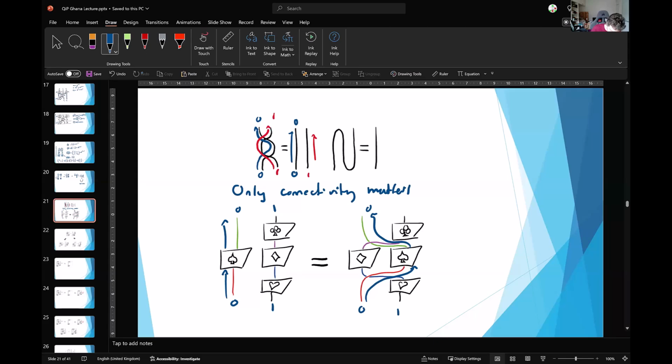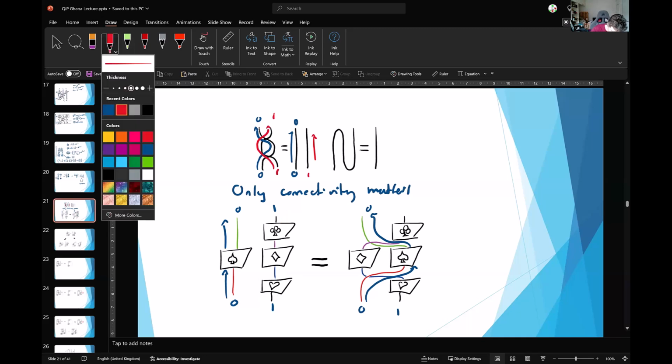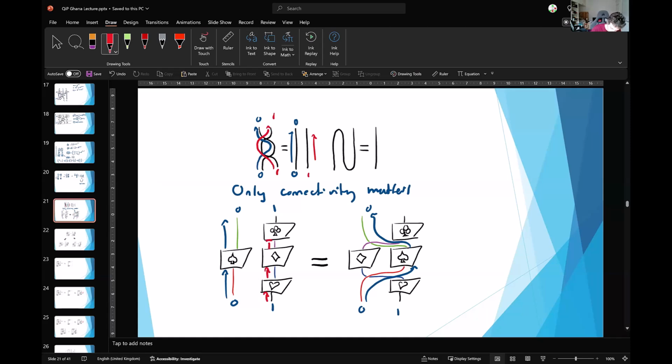If you start in 1, you first hit hearts, then you hit diamonds, then you hit clubs, then you come out. And if you look at the second picture, maybe I should have drawn it a different color, it's the same sequence of operations. So you start from heart, then you go to diamonds, then you go to clubs, you come out at 1 again. So it's the same diagram.